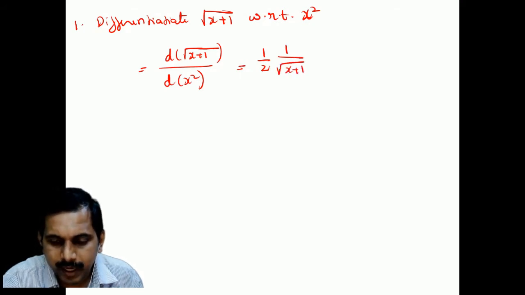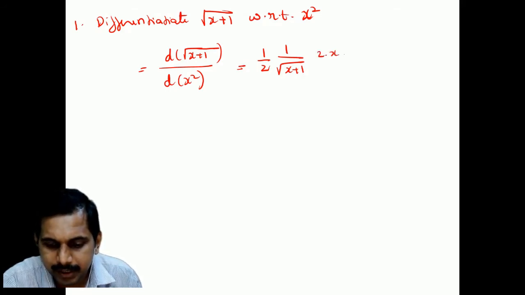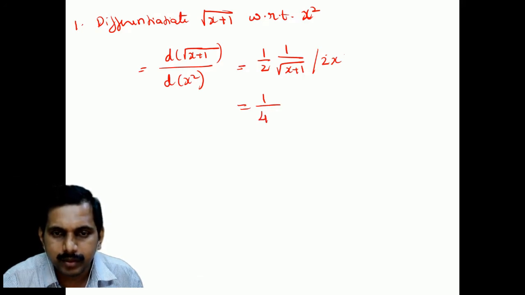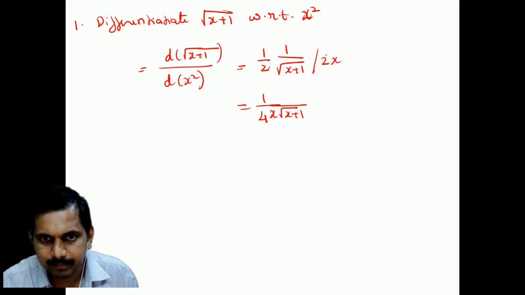Correct, students? And x square differentiated is 2 into x. So it is divided by 2x. So this will become 1 by 4x into root of x plus 1. Any doubts here?